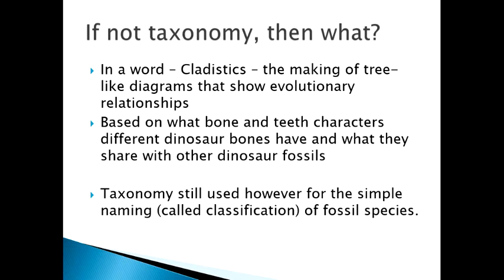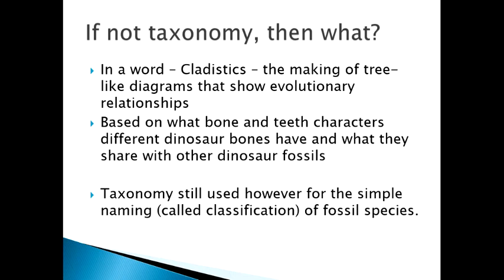Well beyond the nature of this course, but realize that what it does is it makes diagrams that look like branching trees, and they show evolutionary relationships based upon what morphologies each species or taxon that you're looking at shares with other species. And so we still use taxonomy. It's great for naming things, but to show true branching evolutionary relationships, we use cladistics.